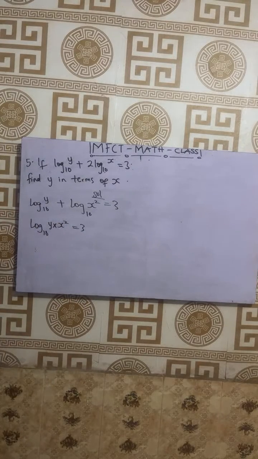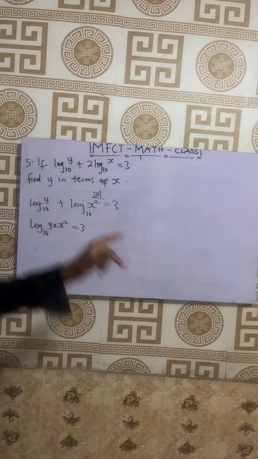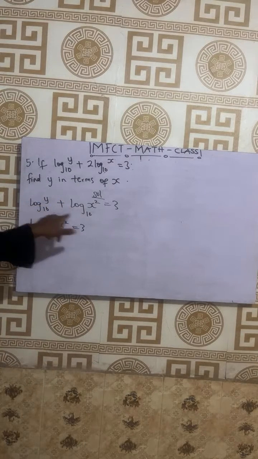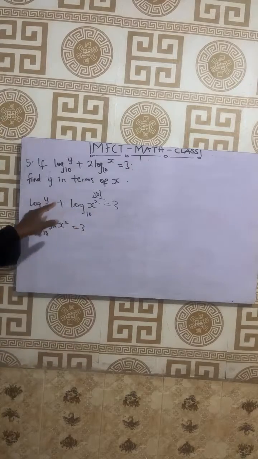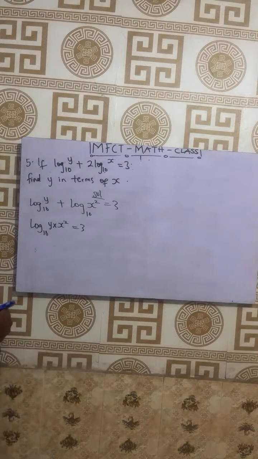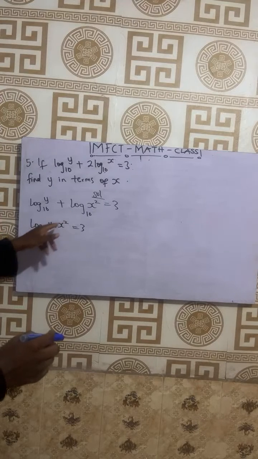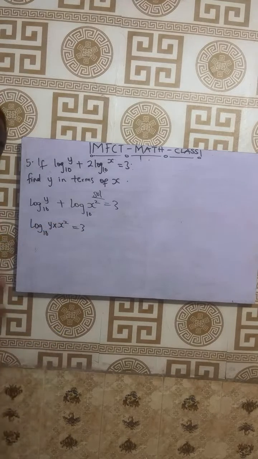It's very simple. Whenever I have two logarithm numbers connected together by addition, once they have the same base, I can turn these two numbers into one, and this addition will just change to multiplication. So at this point, you will see that I have log of yx squared base 10 equals 3.